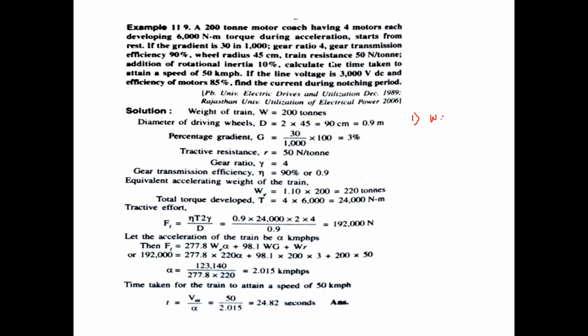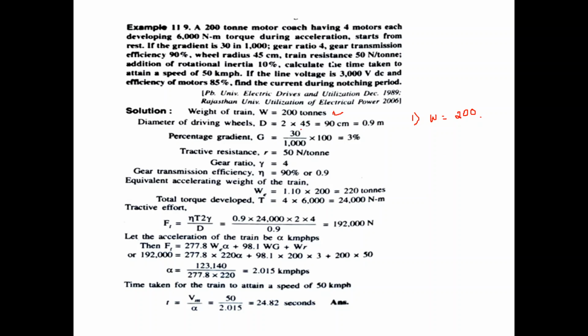So the torque is given, and W is given, it is 200 ton. The weight of the train is 200 ton, and the diameter of the driving wheel is 2 into 45.